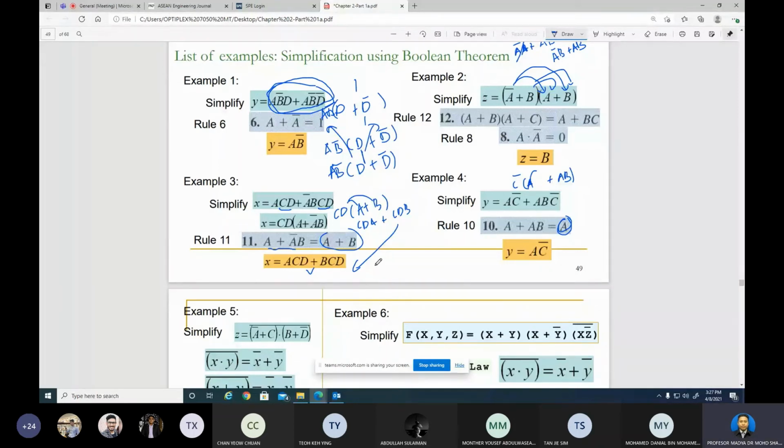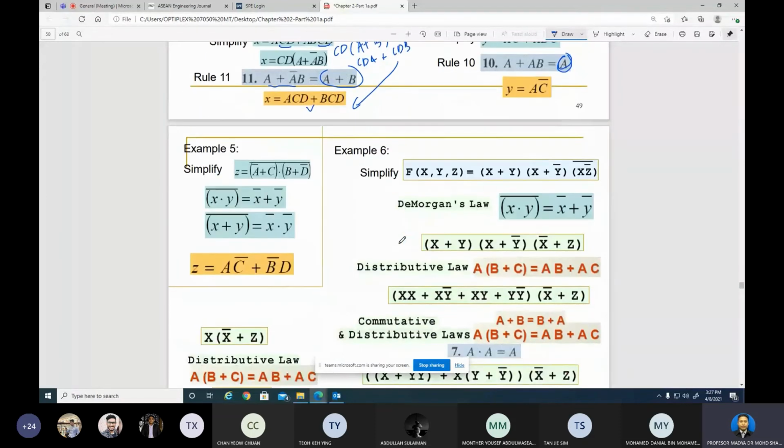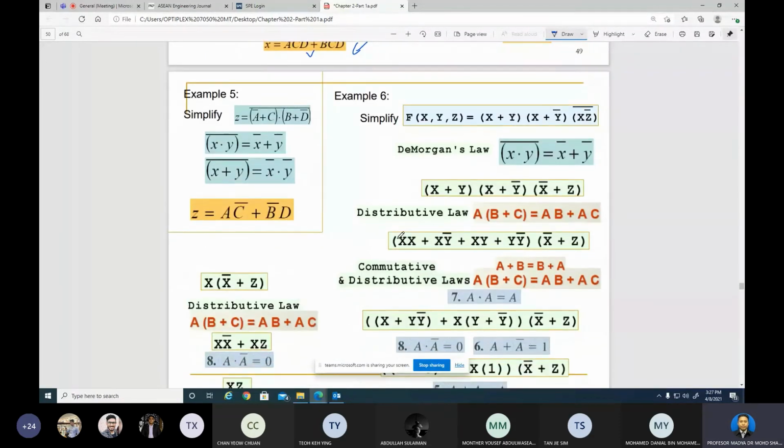So this is some examples of how to simplify using the rules. Now I will show some examples of how to simplify using De Morgan. First you have to see the upper bar here. The operation we have to remember: break the bar, change the operation.